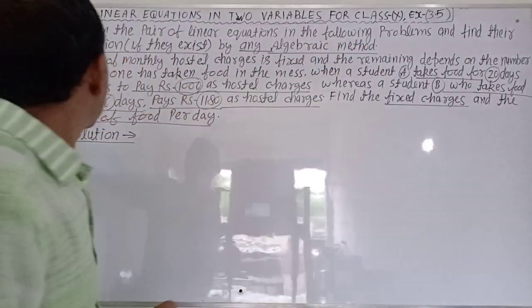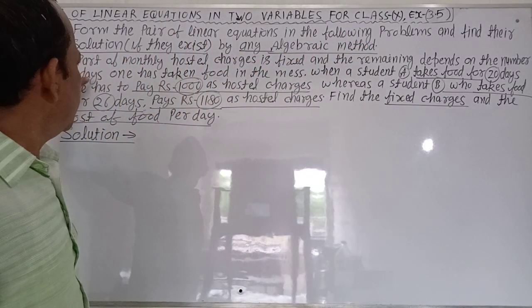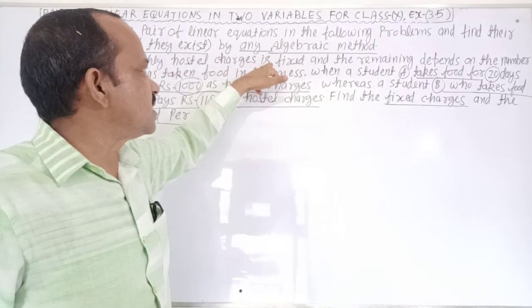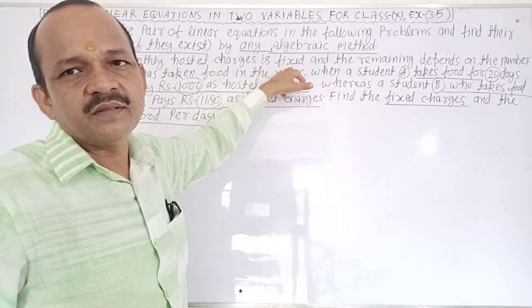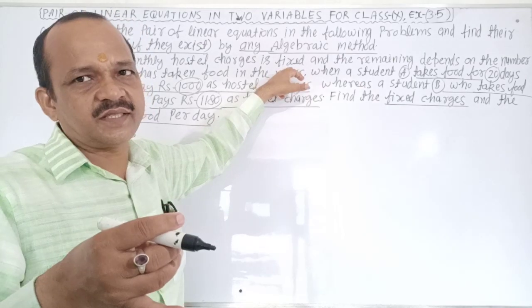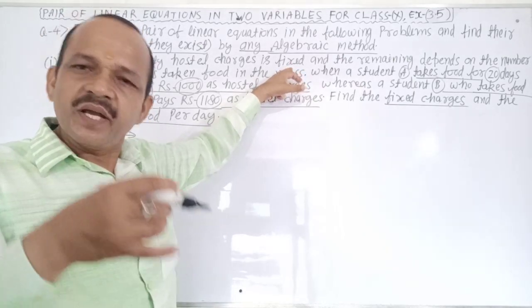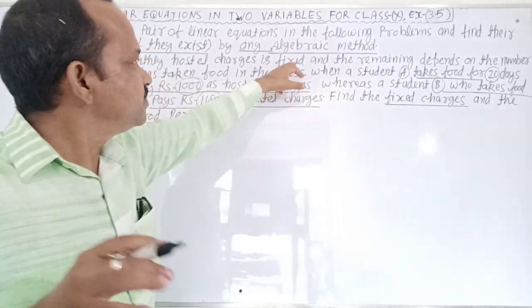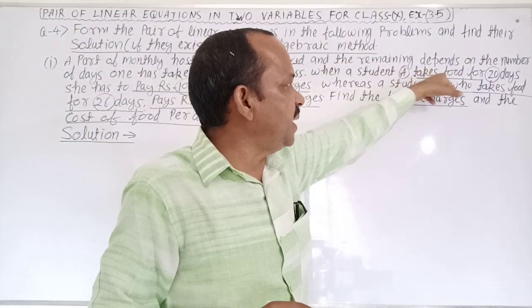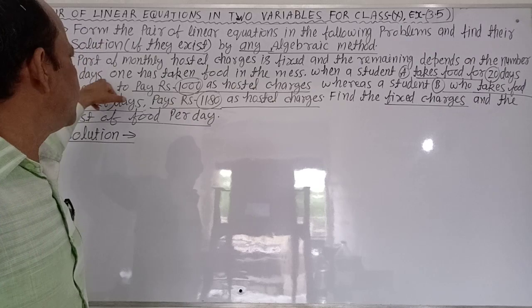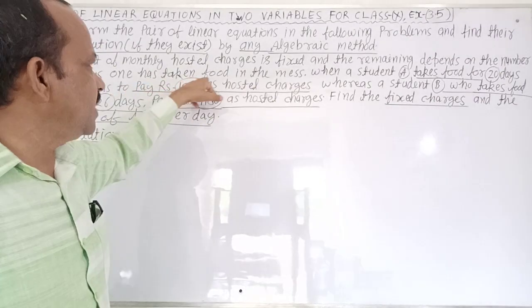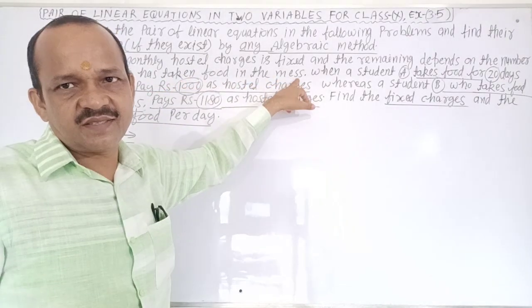Clear? Question first. A part of monthly hostel charges is fixed. It means here a fixed charge. And the remaining depends on the number of days one has taken food in the mess.